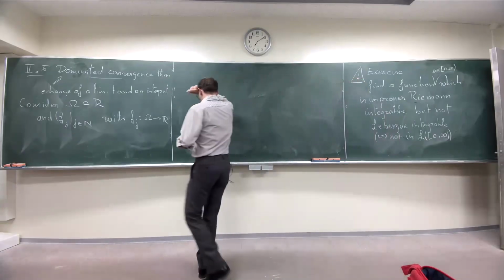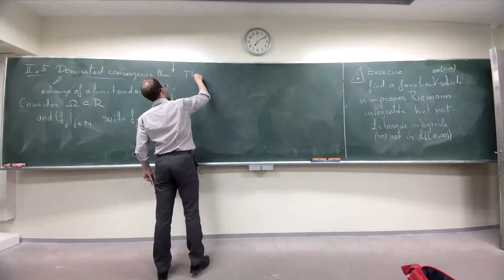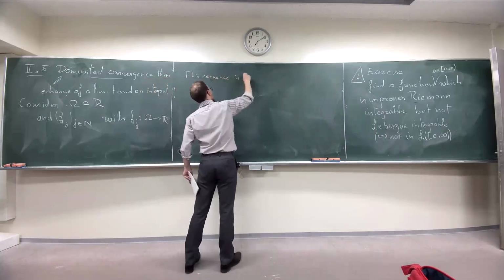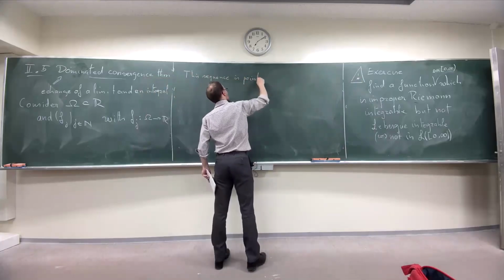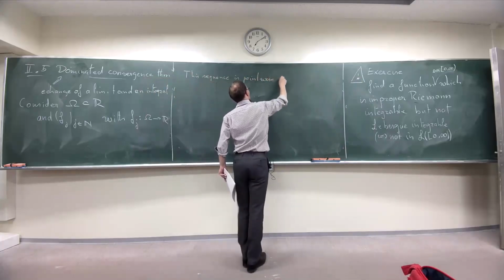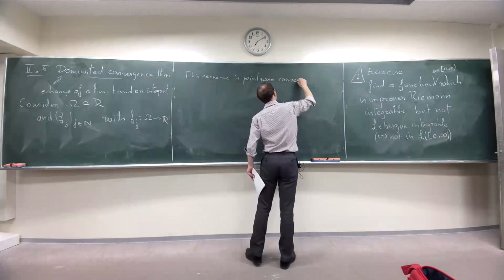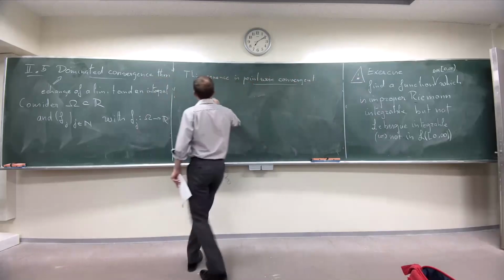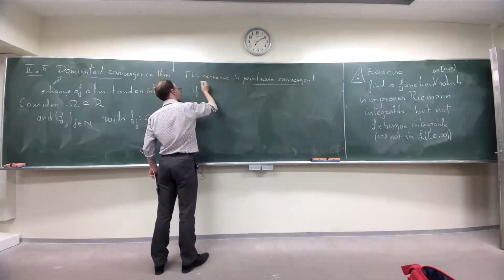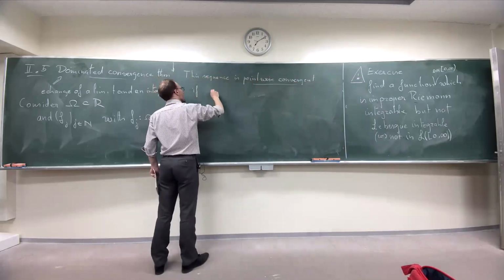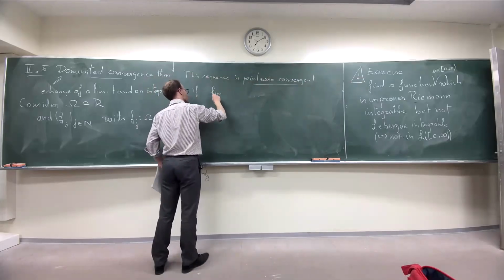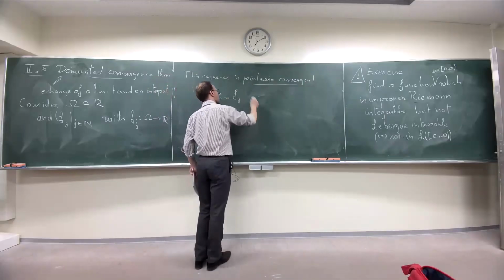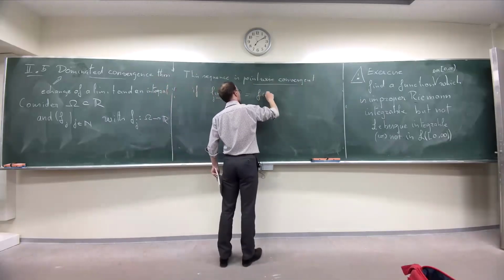Now I say this sequence is pointwise convergent if the limit, when j goes to infinity, of f_j(x) is equal to f(x).